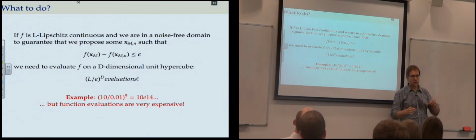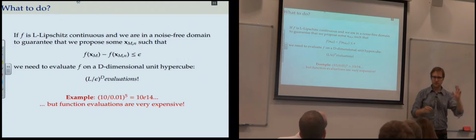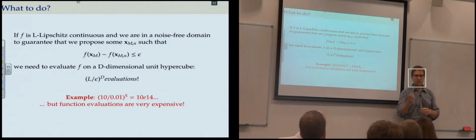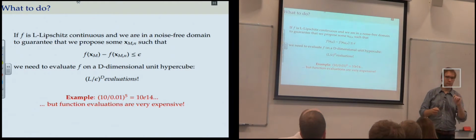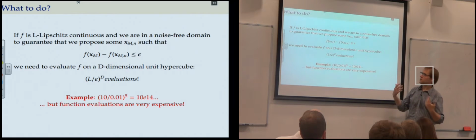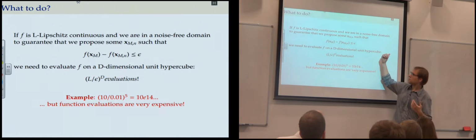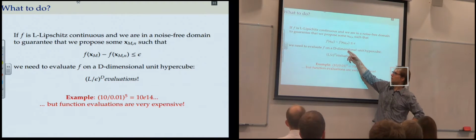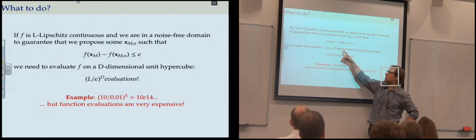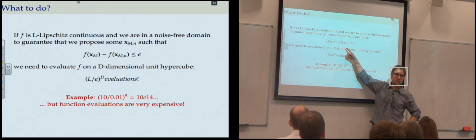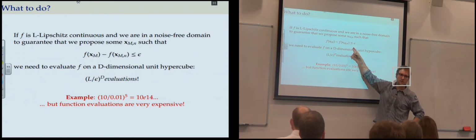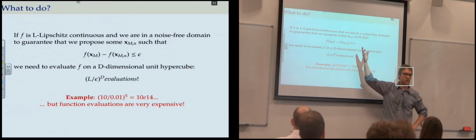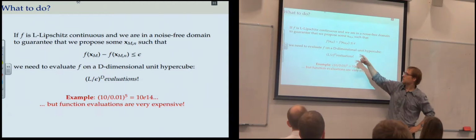So basically, the distance between the outputs is bounded by the distance between the inputs times a positive constant. You can say, okay, if I do grid search, I want to hit a point in which the distance in the output between the optimum and what I'm proposing is smaller than some tolerance epsilon. This is the error I'm willing to assume.